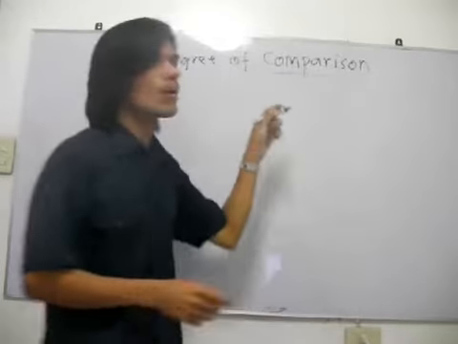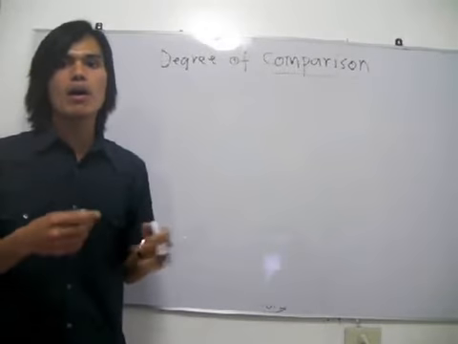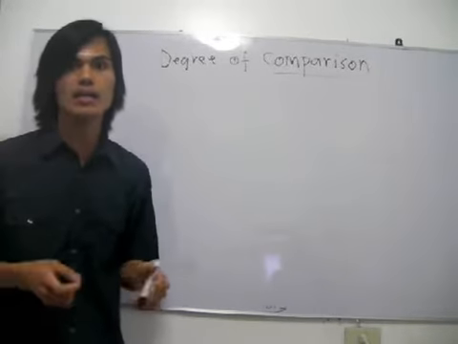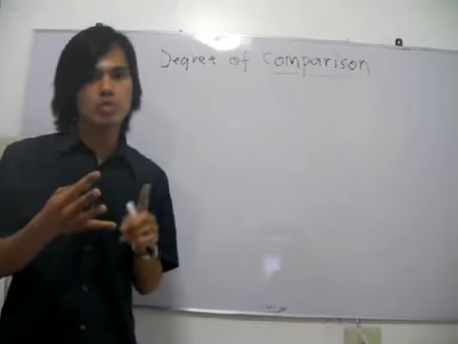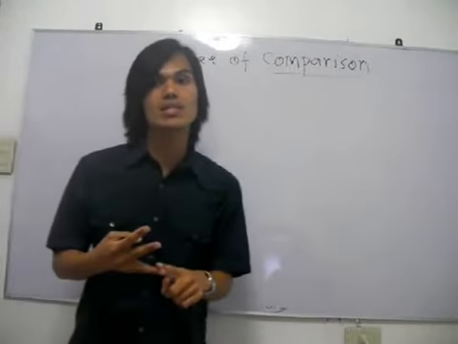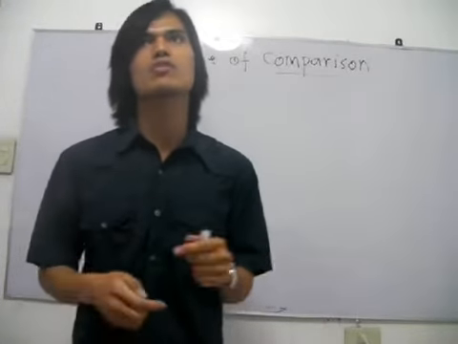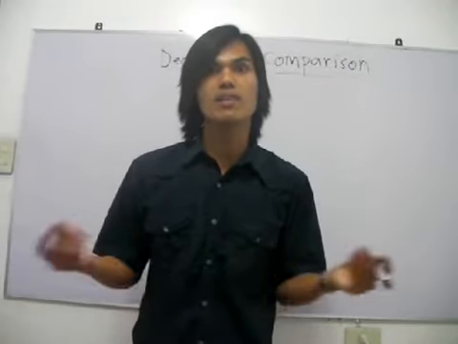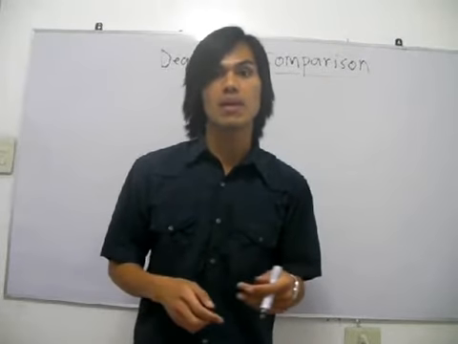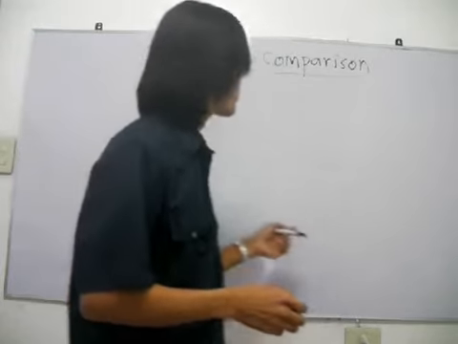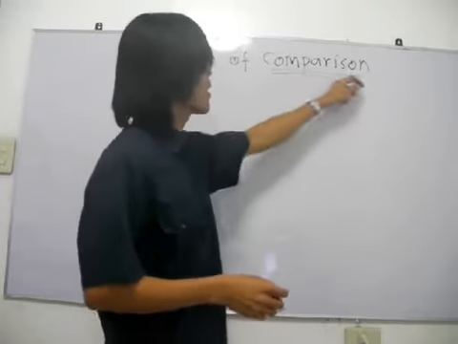Now when we speak of comparison, we are comparing something. It could be two people, two places, or any other things that you find under the sun. Everything, as long as we can compare them. So that is the so-called comparison.